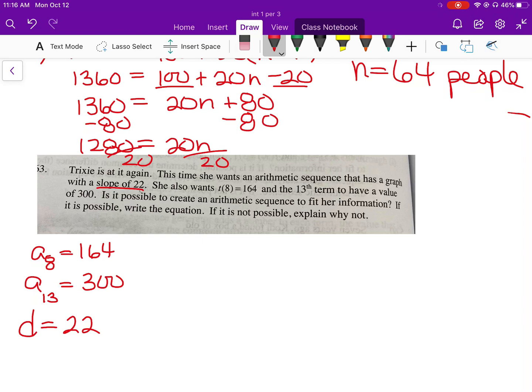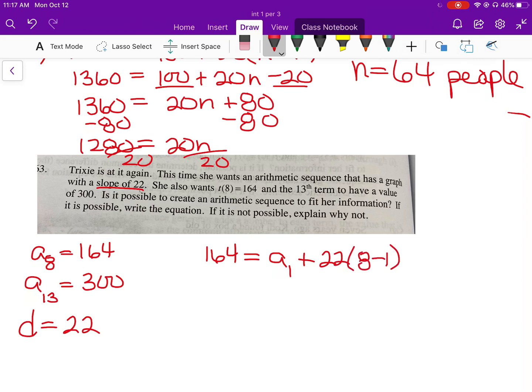So let's check. Let's see if we put 8 in. Because we know the d, we just don't know a sub 1, right? So let's test that. 164 has to equal a sub 1, which we don't know, plus 22 times, what's n?